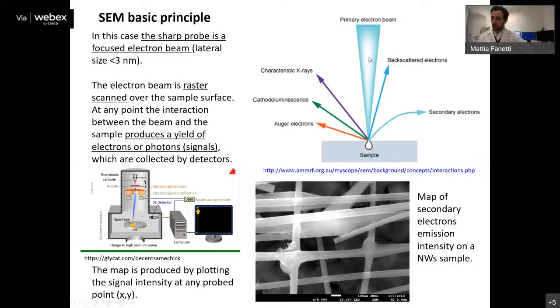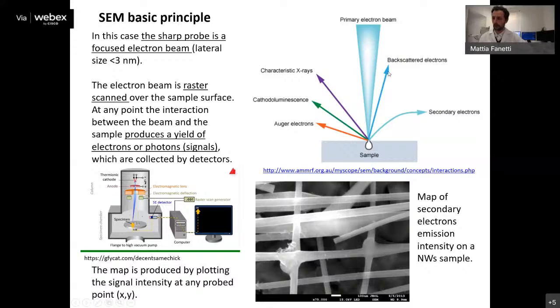So I have this very sharp probe, this electron beam, and when the electron beam is incident on the sample, it makes some interactions, and several different products are emitted by the sample.